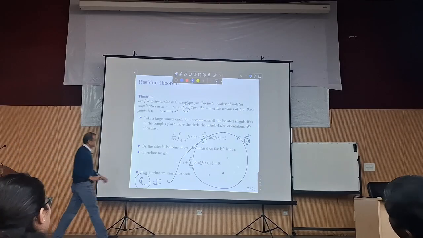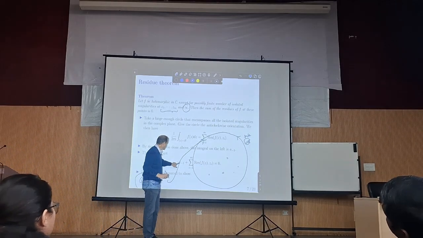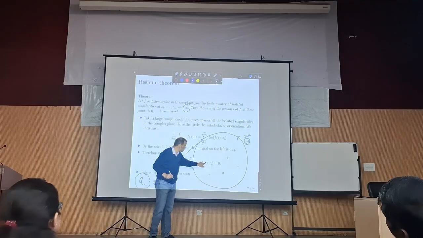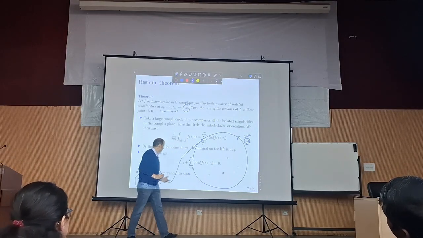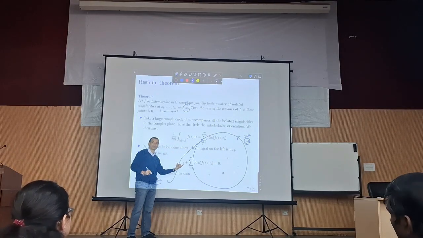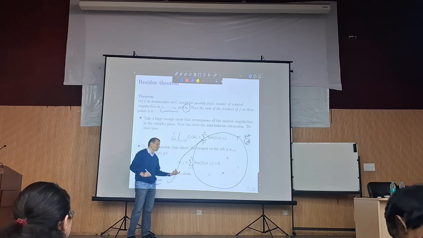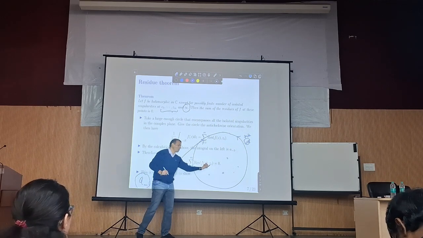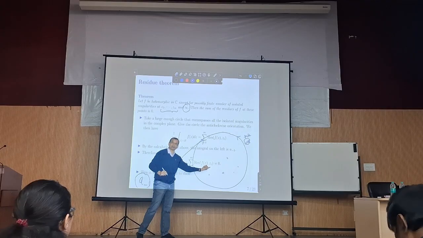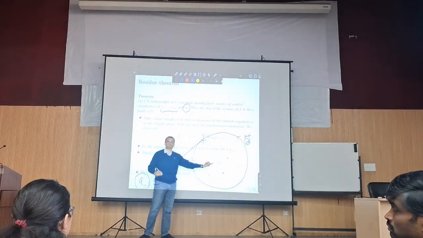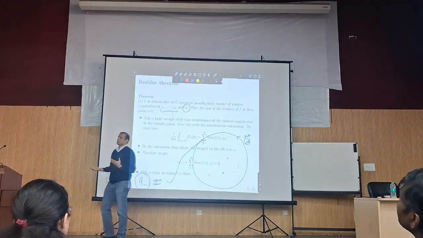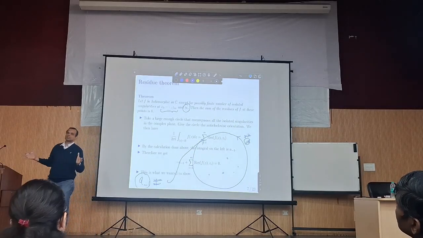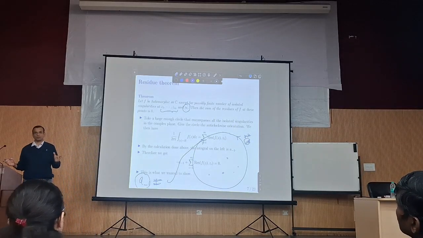But now you just take this to the other side, so you get minus a minus 1 plus these residues is equal to 0. But we have shown that this is actually the residue of f at infinity. So the residue of f at infinity plus the residues at the finite singularities is equal to 0. That's Cauchy's residue theorem, including the residue at infinity. So the sum of the residues is equal to 0.